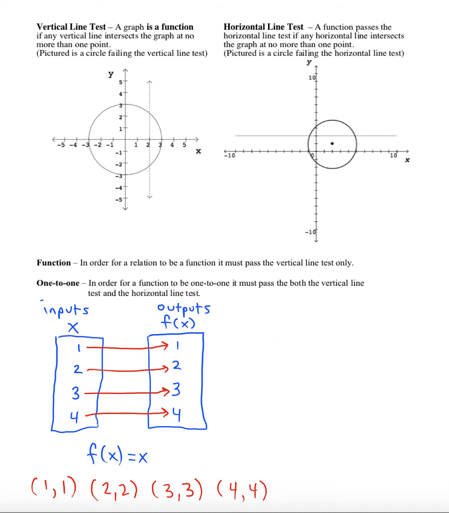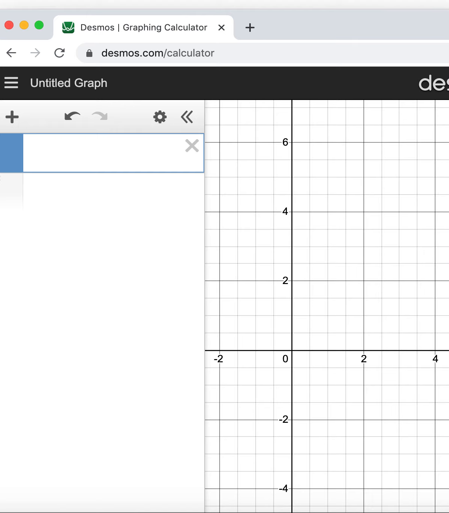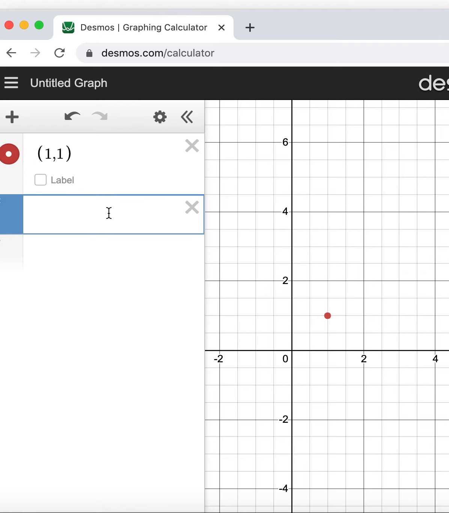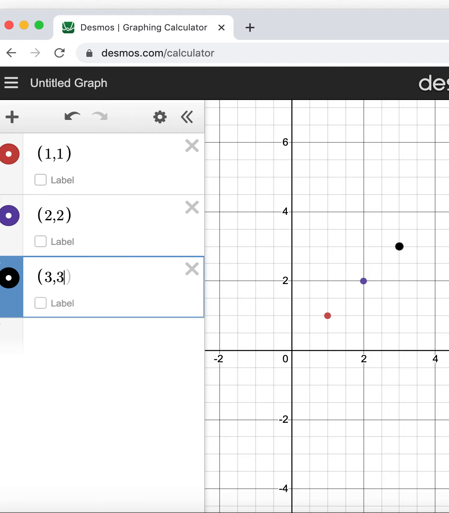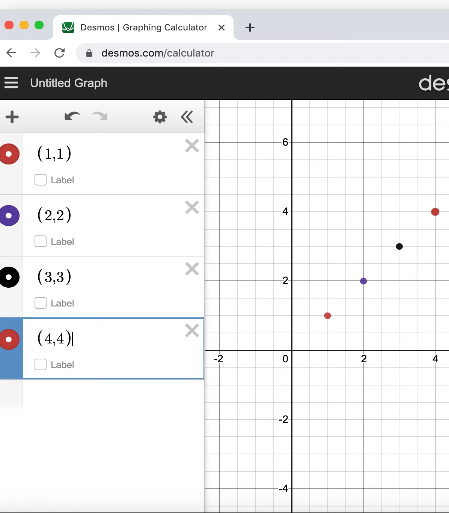Let's graph those points as coordinate pairs now. 1 comma 1, 2 comma 2, there's 3, 3, and 4, 4. Now you can see a pattern emerging here.